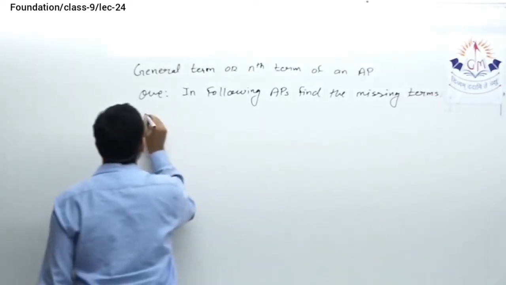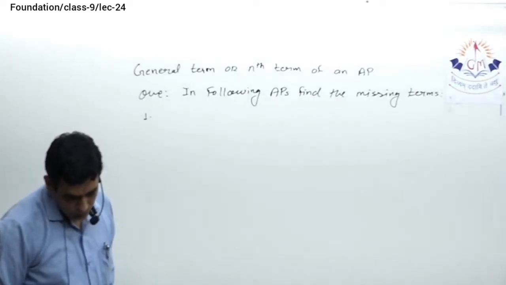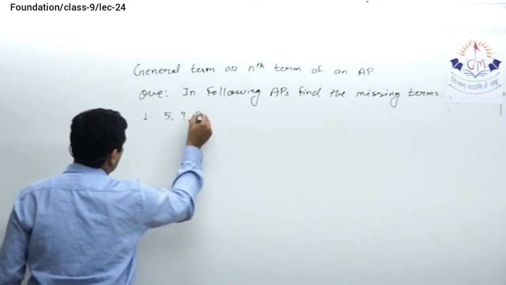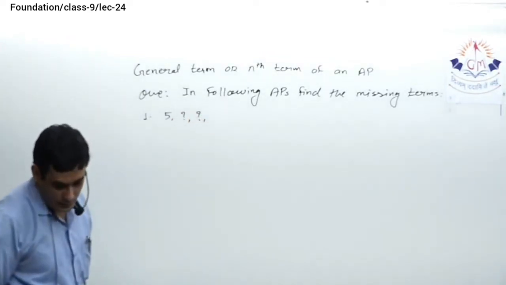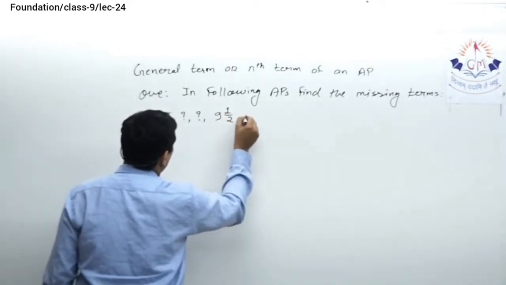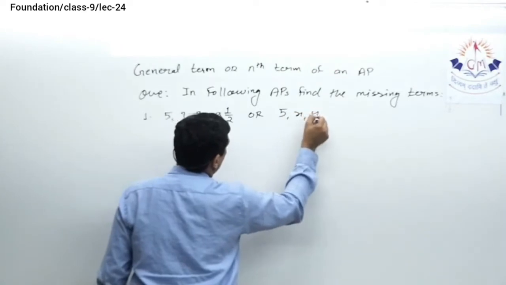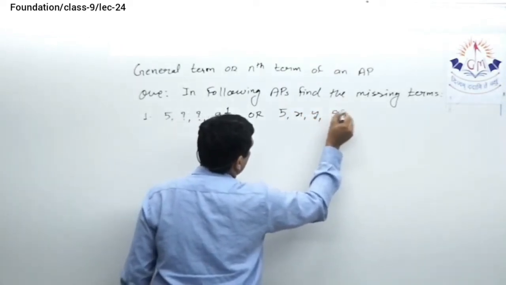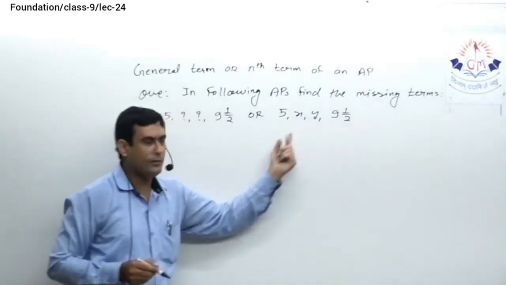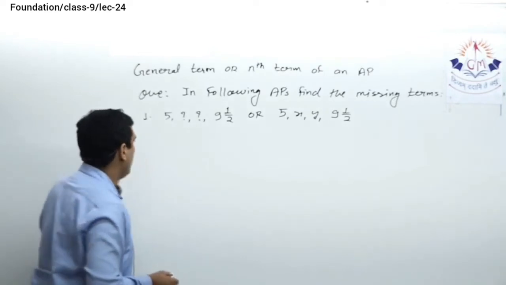In this first one, it is 5, then question mark, then 9 integer 1 by 2. Or if I write 5, x, y, 9 integer 1 by 2, you have to find the missing terms x and y, or you have to find the terms where the question mark is placed.